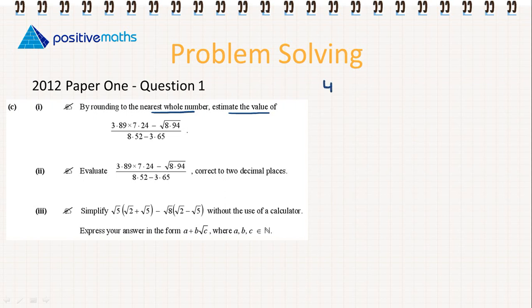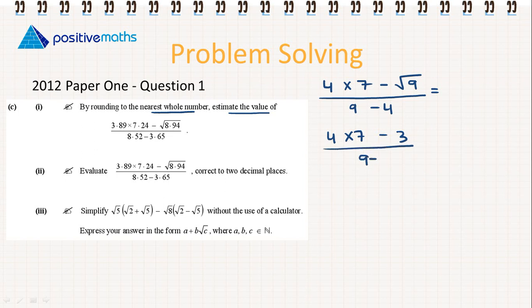Okay, so 3.89, that's going to round to 4, multiplied by 7.24 will round to 7, and then minus the square root of 9. That's going to be over 9 minus 4. So our next line, we're going to have 4 by 7 minus 3 all over 9 minus 4.